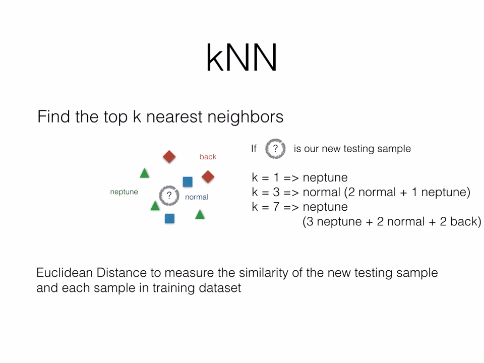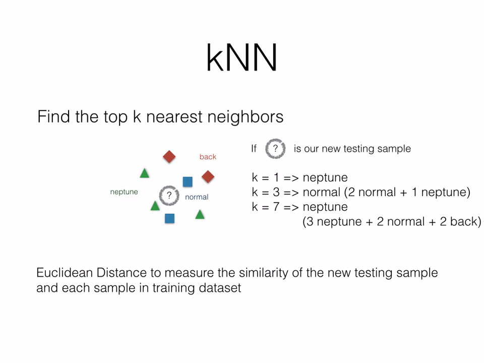So for example, if k equals 1, we can find the green triangle is closest to the testing sample, so we assign it to an attack. If k equals 3, you can see there are two normal squares, which are blue, much closer than the other points.